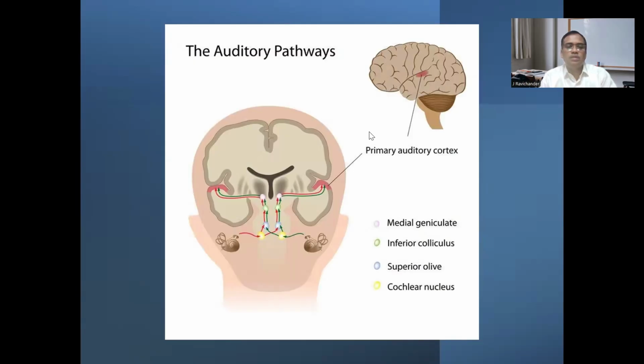So this is the auditory pathway. First, your ears will take the signals, then the cochlear nerves will take the signals, and your brain will process them.